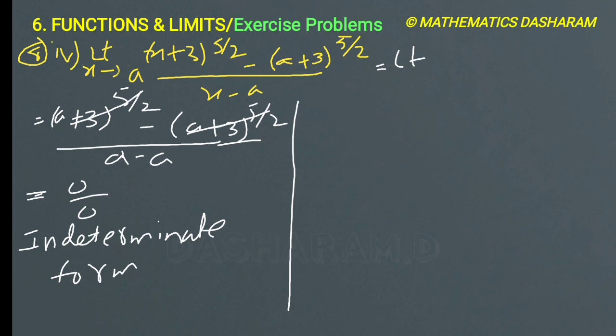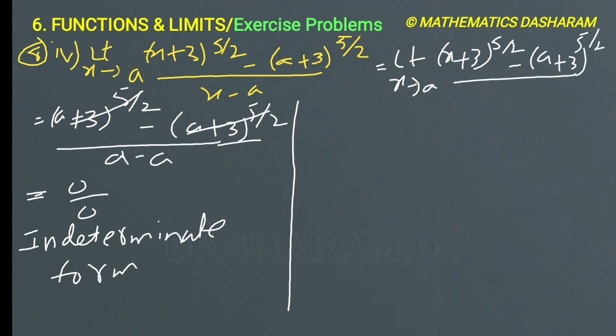Observe carefully what I am doing. Here, x plus 3 whole power 5 by 2 minus a plus 3 whole power 5 by 2, here add plus 3 and minus 3 in the denominator place.